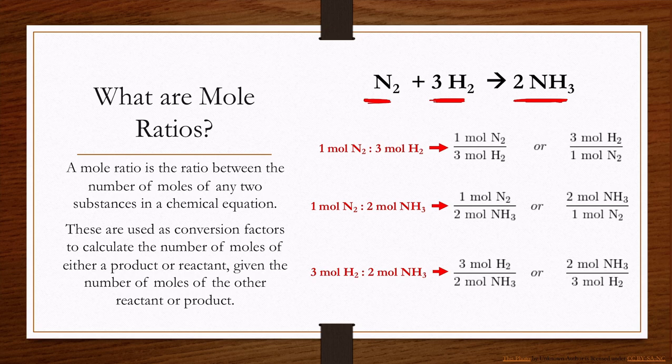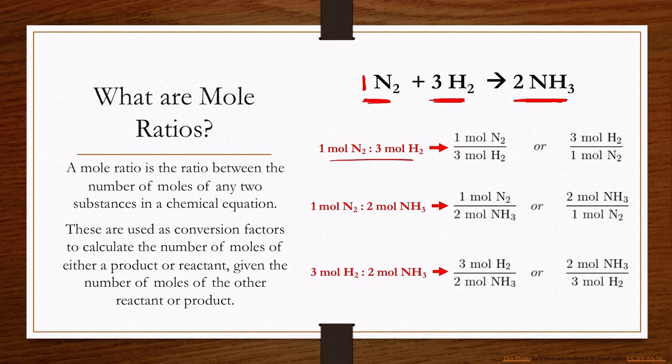All right, so a mole ratio is just a ratio that describes the mathematical relationship between two substances in a chemical reaction. For example, if we take a look at this first ratio in this chemical equation, I'm using the coefficients as the numbers for my ratio, and we'll just put a 1 here for right now.